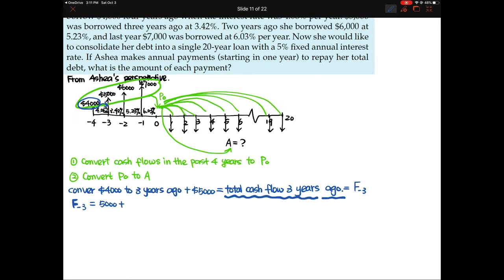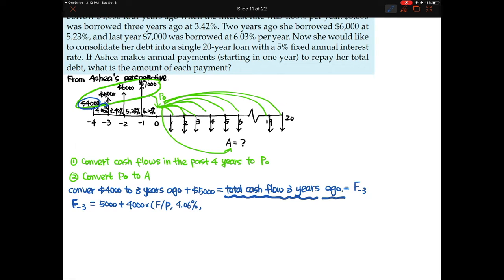Okay, so you want to use the 4,000 times the factor to find F given P, and I is 4.06%.